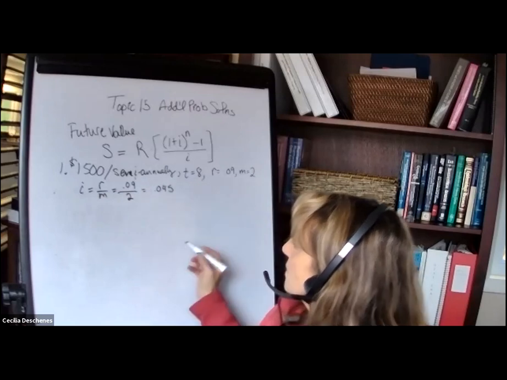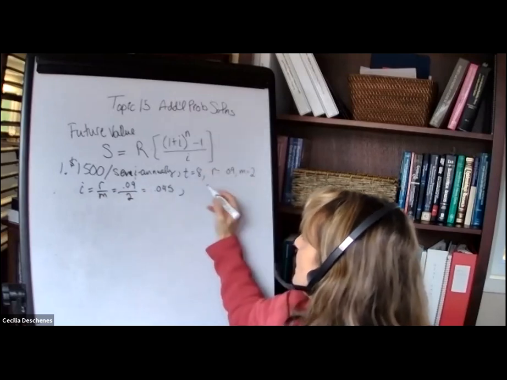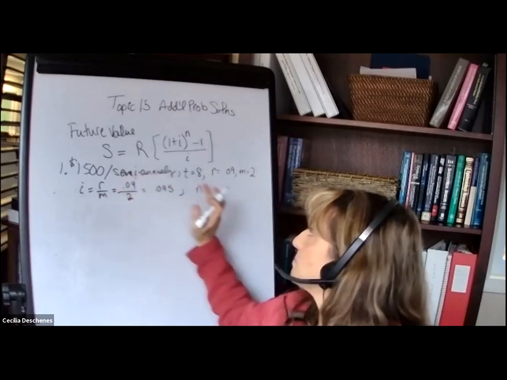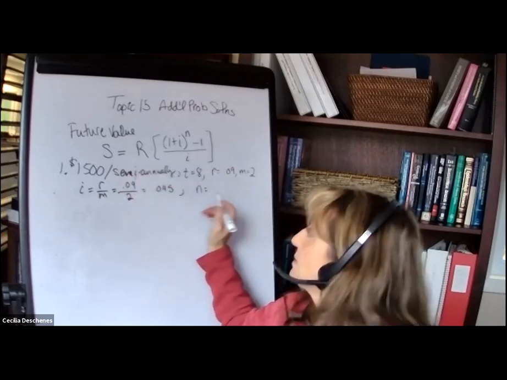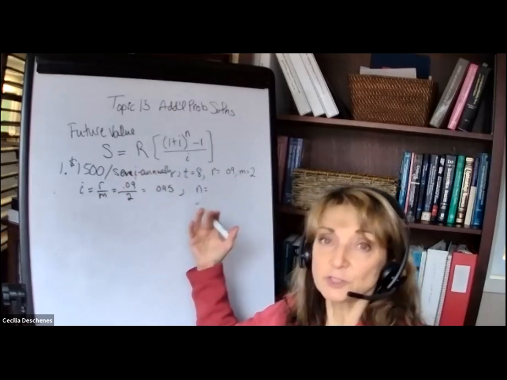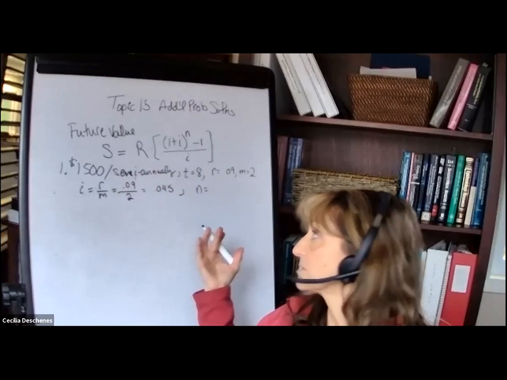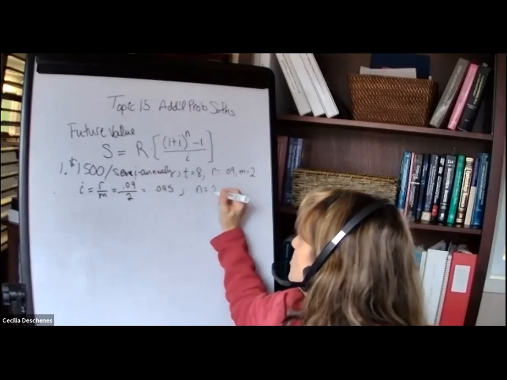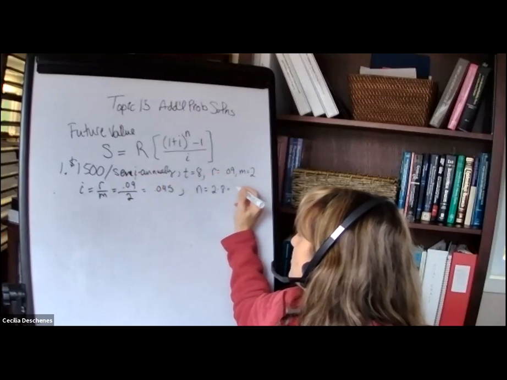Then the next thing we need is the n, and the n is the number of times this is going to happen, how many payments we make, or another way would be the number of conversion periods over the term, and the term here is 8 years. So it's 2 times 8, or 16.